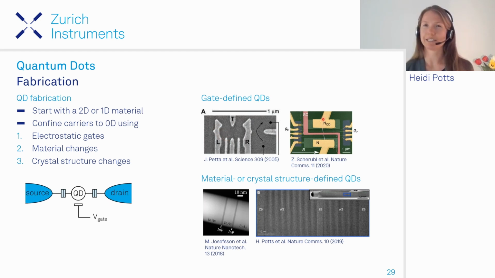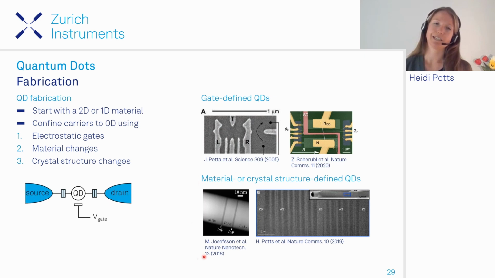And in this example here, there's a nanowire, so already a one-dimensional structure, and then the additional potential barriers are created using bottom gates. And in both these examples, it is of course very important that the interface between the gates and the material itself is of high quality in order to ensure that you have a well-defined potential profile.